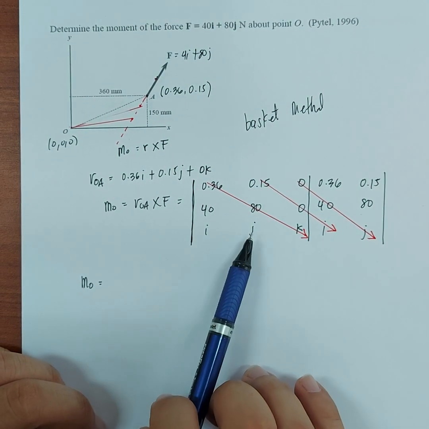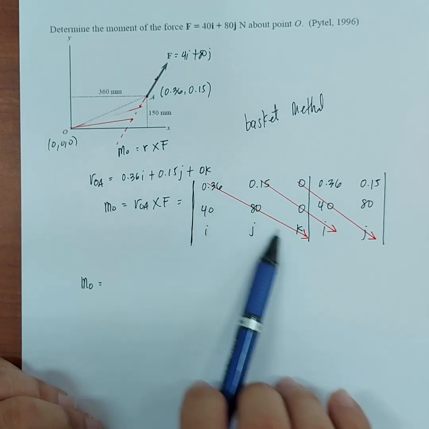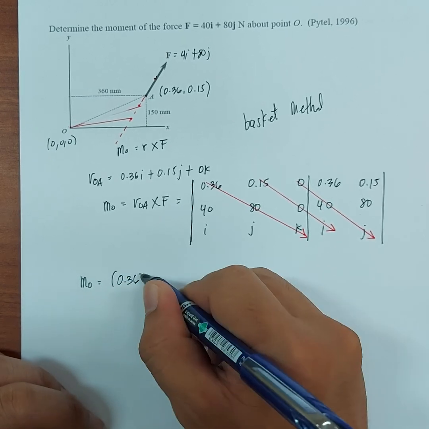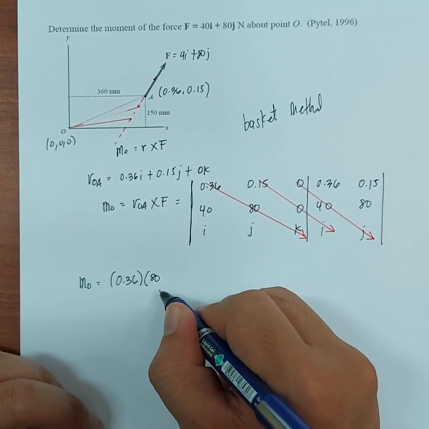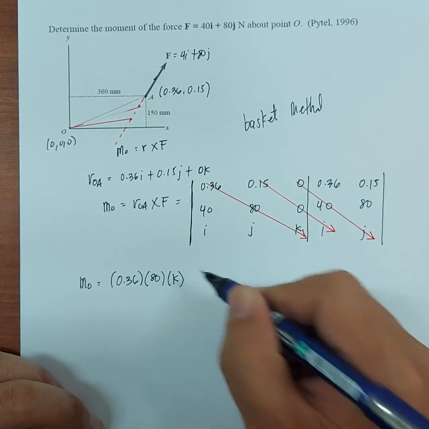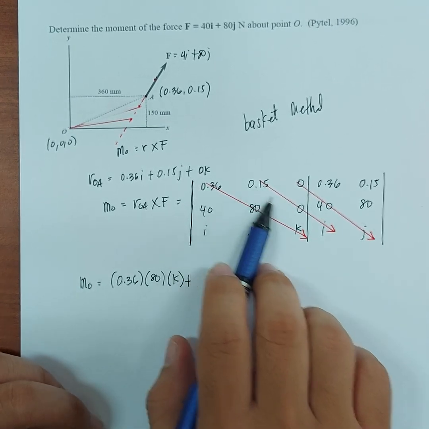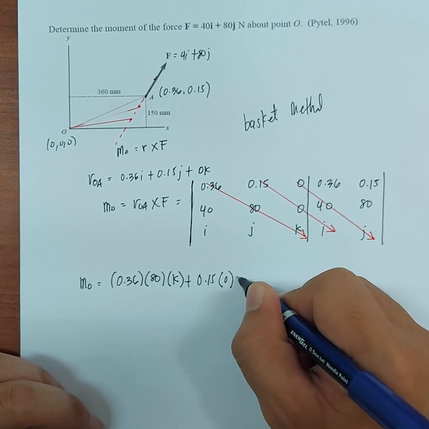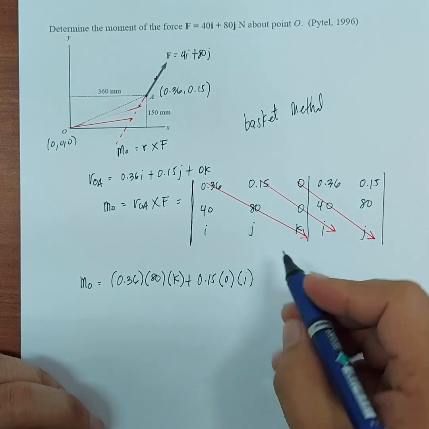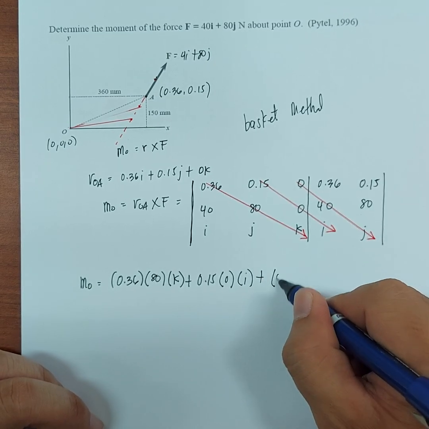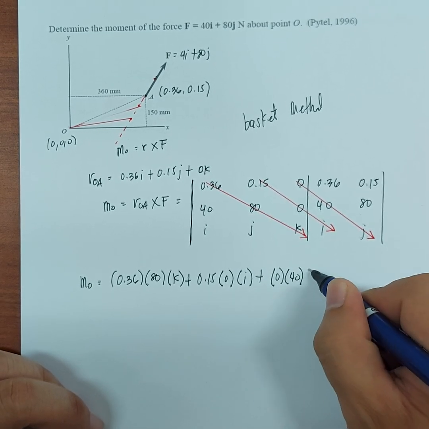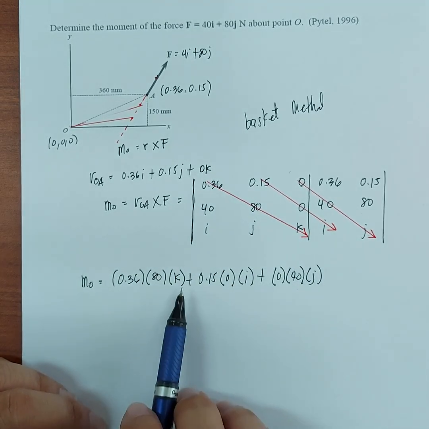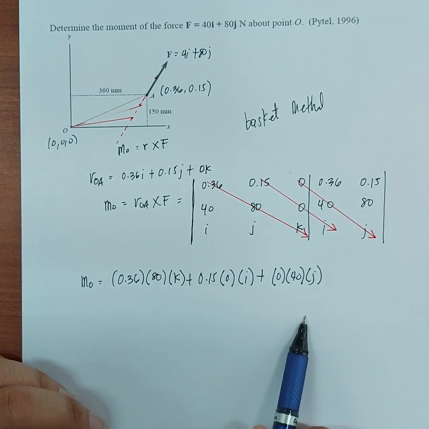Take note, this is for 3 by 3 only. So we multiply: 0.36 times 80 times K, plus 0.15 times 0 times I, plus 0 times 40 times J. So all the downward arrows, we multiply, then add.